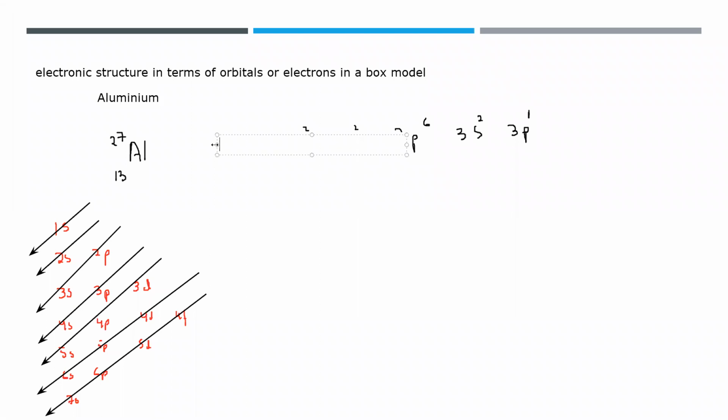But we want to draw in terms of electron in a box model. Because we know that S contains only one orbital which can hold 2 electrons, P contains 3 orbitals, each can hold 2, but there are 3 orbitals.